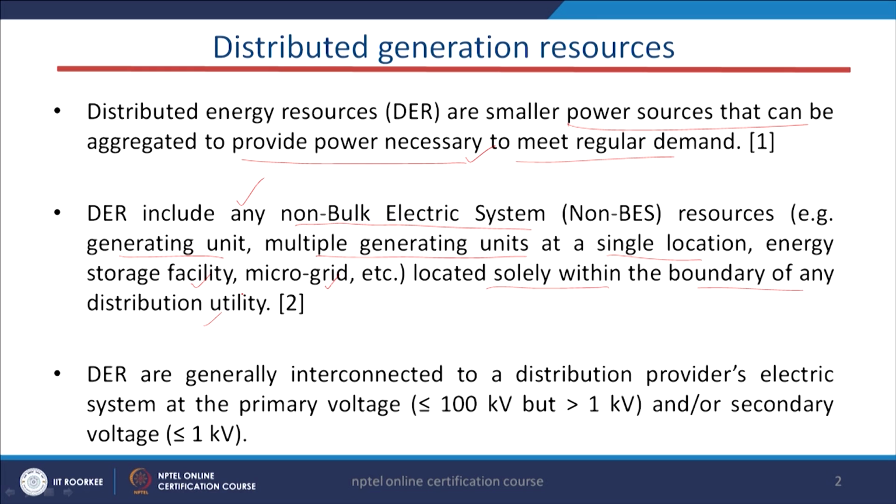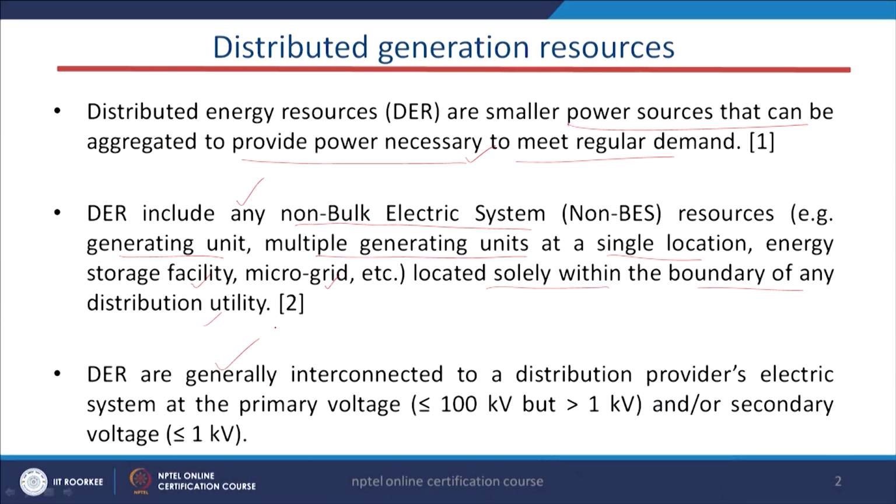If we define it in another way, DER stands for distributed energy resource, or sometimes we also call it only DR. Distributed resources, DRs, means distributed resources and DERs means distributed energy resources.